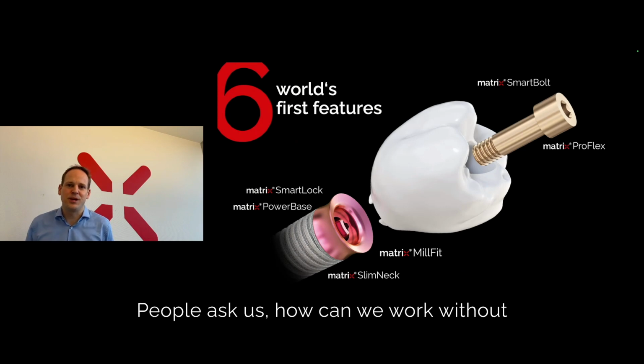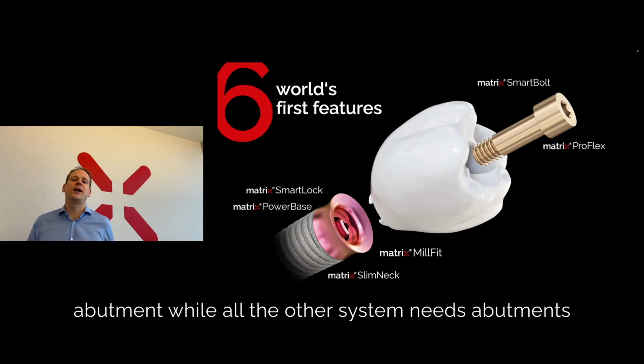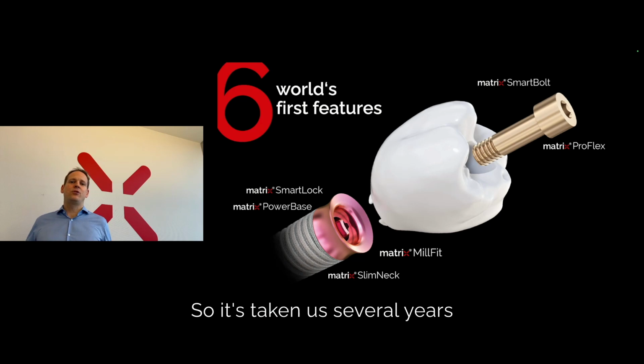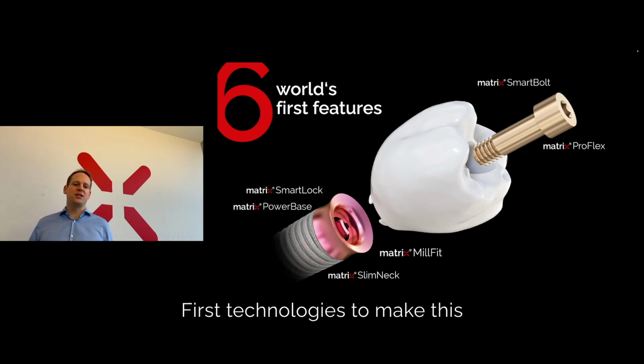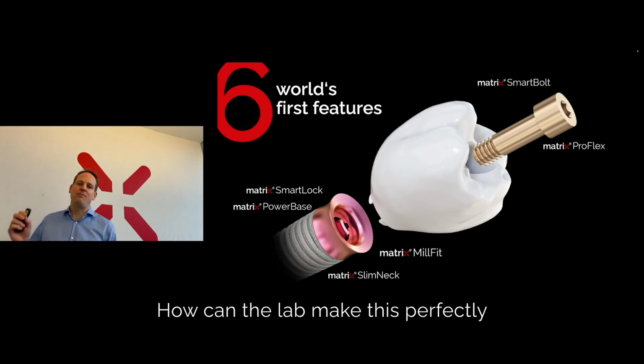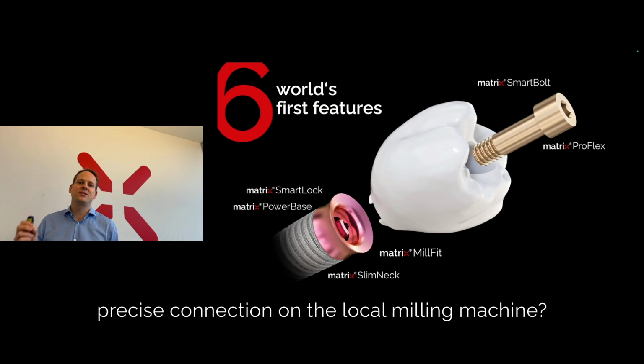How is this possible? People ask us. How can we work without abutment while all the other systems need abutments between the implant and the crown? It took us several years to develop these 6 world's first technologies to make this possible, like the Mill-Fit technology. How can the lab make this perfectly precise connection on the local milling machine?